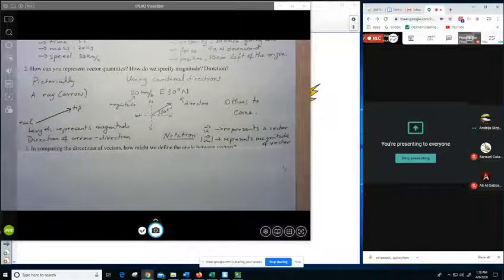All right, and this is really good for drawing a picture. This is going to be very useful when we start doing calculations. But as I say here, there's going to be other ways. In particular, one certain way to describe vectors that's going to be particularly important for us.